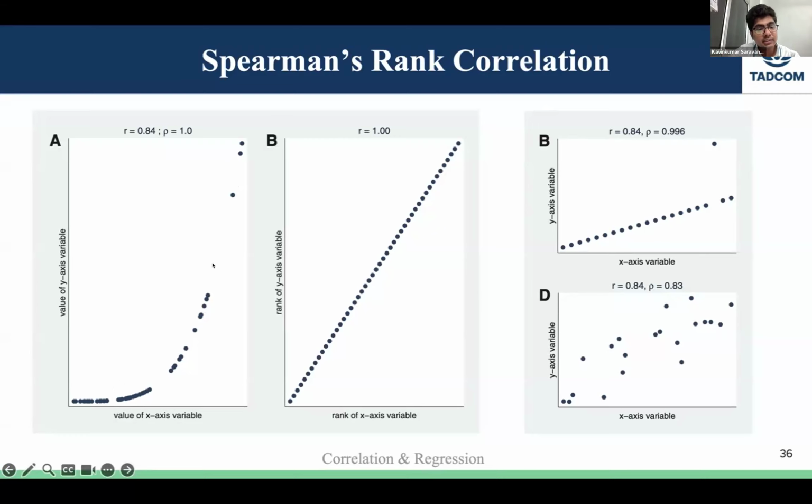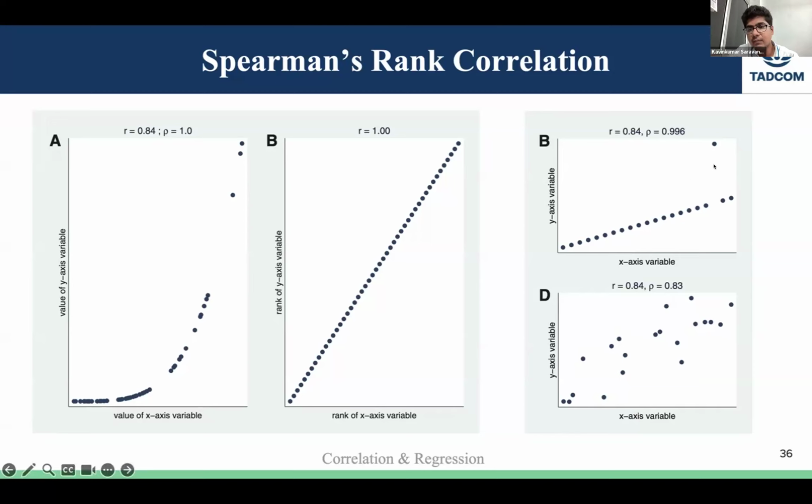For this data, if we calculate Pearson's R, we get a correlation that is positive, moderate to strong. But for the same data, Spearman's correlation yields a very strong or perfect correlation between age and free radical generation. That is the value of Spearman's correlation if we have a curvilinear relationship.